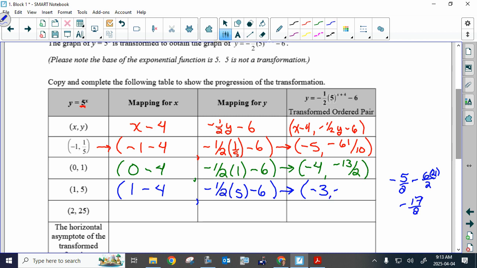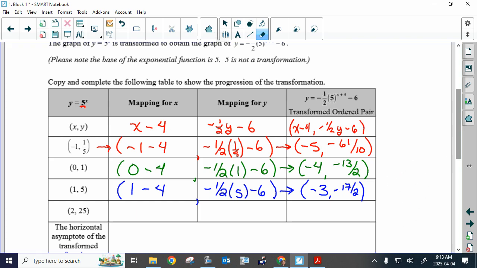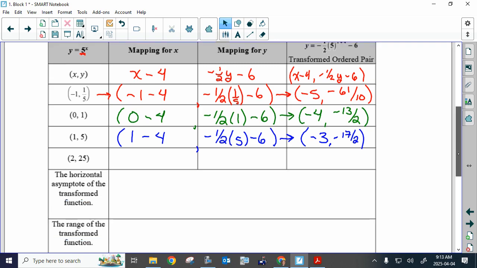You guys get negative 17 halves here? Yeah? Okay. And could you just fire this into your calculator? Absolutely. Your calculator will give you the order of operations. You don't necessarily have to do the mental math on that.